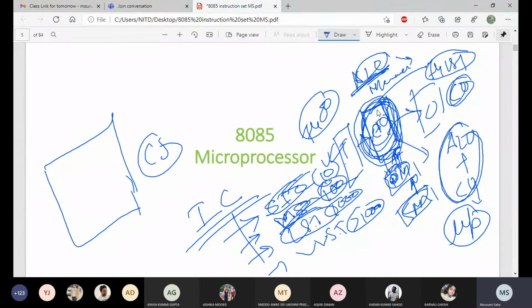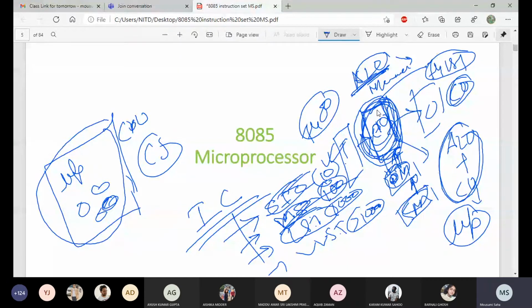It may be one processor or more than one processor, for example a 2-core or 4-core. So more than one microprocessor you can incorporate in a single CPU. The main heart of the computing unit is called the CPU.